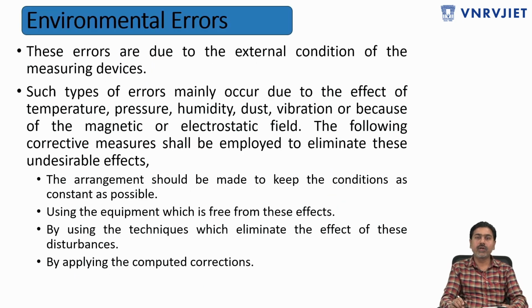Now the last one is the environmental error. This is very common and not avoidable, but it is basically due to external effects, the external environment where we conduct the experiment to measure the values from the instrument or measuring unit. External environmental conditions like humidity, temperature, pressure, etc. will affect the measurement of the instrument. So to avoid this kind of error, we conduct the experiment in a controlled environment.